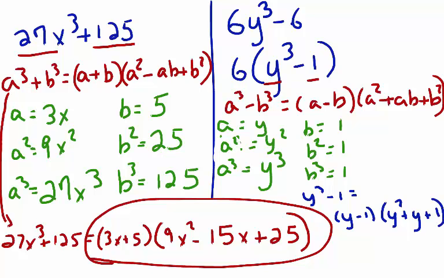Now in the beginning we factored out a 6 from the original expression, so our final answer needs to include this. So our completely factored expression is 6 times y minus 1 times y squared plus y plus 1.